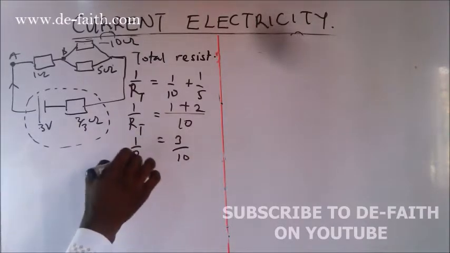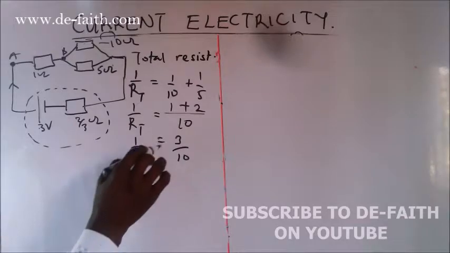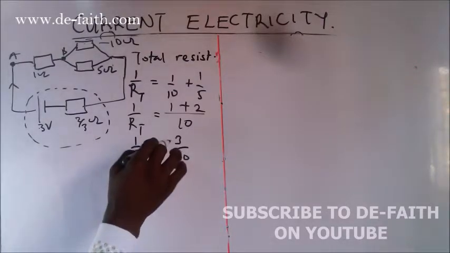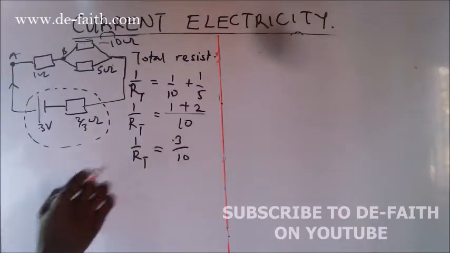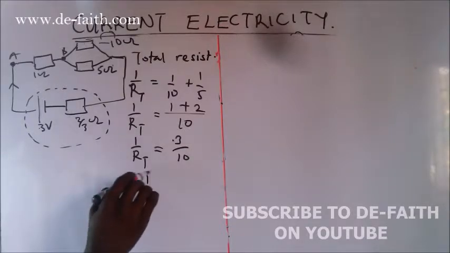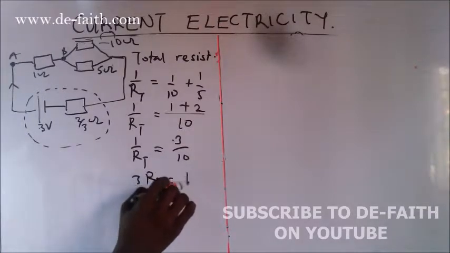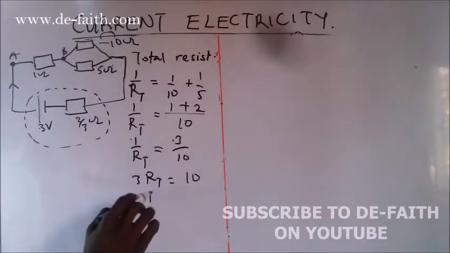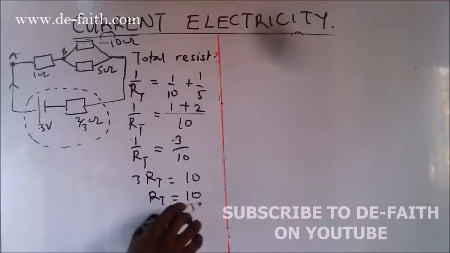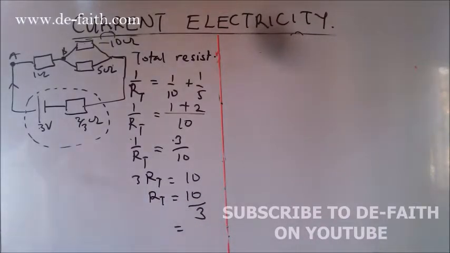So 1 over RT is 3 over 10. So what exactly is RT? We can get our RT by multiplying: 3 RT equal to 10 multiplied by 1. So we are left with RT to be 10 over 3, which is 3.33 ohms. That is the total resistance for these two resistors.